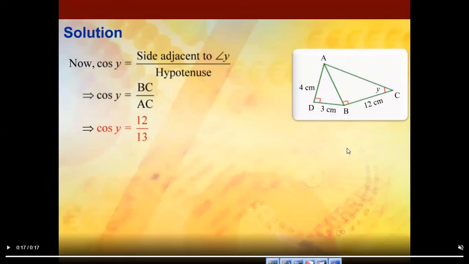So this is how we need to solve the problem. We check what is given in the problem and which side we need to find, use the Pythagoras theorem, substitute the other two sides and get the third side, and you know the trigonometric ratio formulas, apply them and you will get the answer.